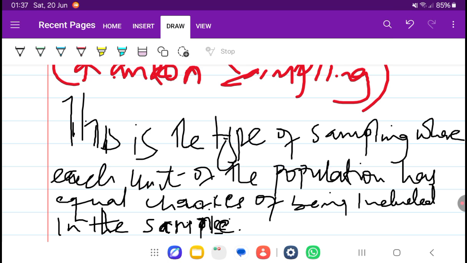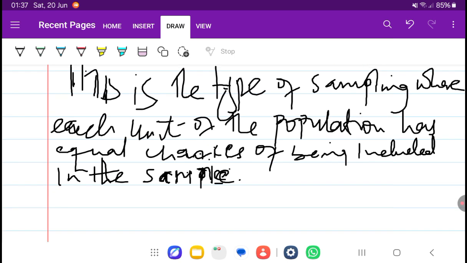So the random sampling, or what we call the probability sampling, is the type of sampling where each unit of the population has equal chances of being selected. If they don't call it random sampling, they call it probability sampling.